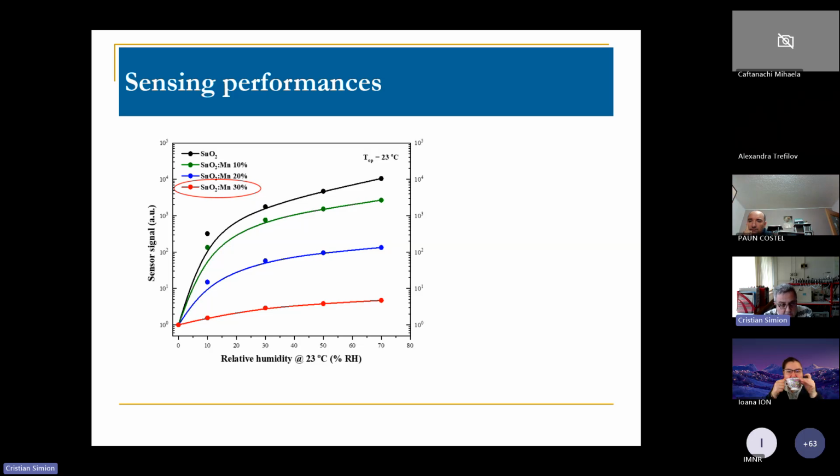And we go further with this material and we test it towards NO2 concentrations from 0.8 ppm to 7 ppm. As one can see, the sensitivity is kind of linear for the tin dioxide doped with 30% manganese, besides all the other sensors.